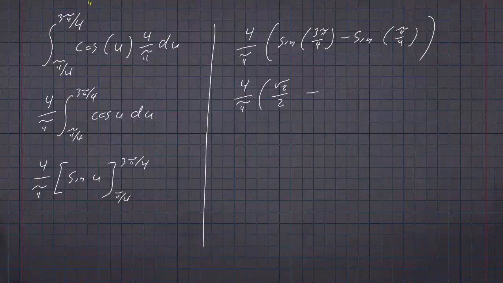Sine of pi over 4 is also square root of 2 over 2. Subtracting those off, we get 0 as the solution to this particular integration. Kind of an interesting result, but a useful one nonetheless.